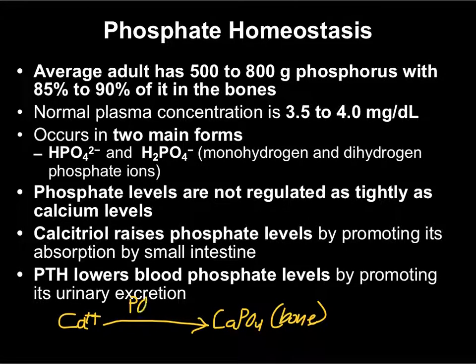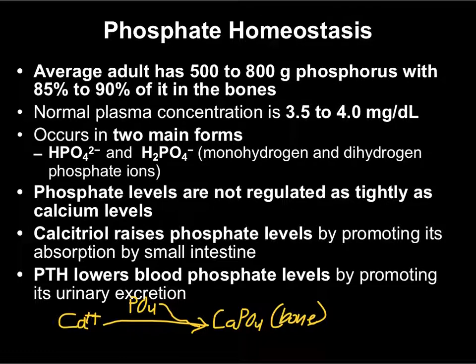So you need calcium and phosphorus working together to get hydroxyapatite on the bone. So a secondary function of many of these hormones is to control phosphorus levels. Basically, if you want to make bone, then you want more phosphate. If you want to cleave bone and raise blood calcium levels, you want less phosphate, in order to prevent the calcium from recrystallizing on the bone.